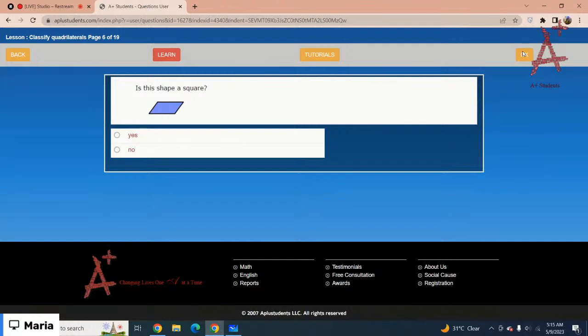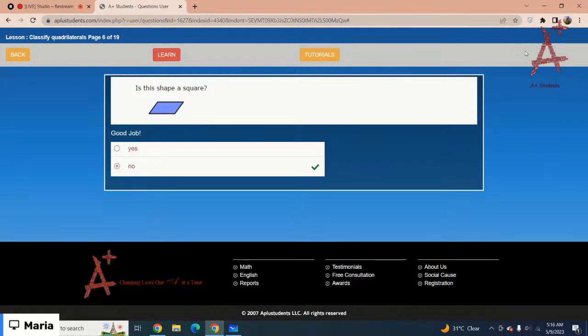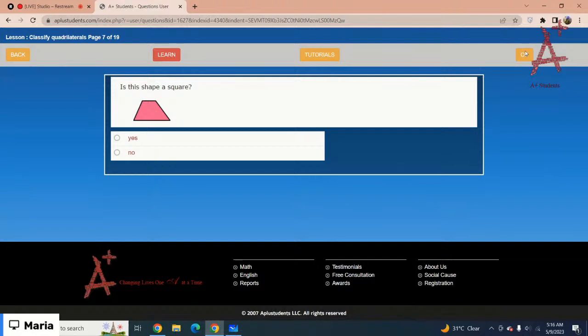Okay, is this shape a square? No, this isn't a square. It's a parallelogram. Is this shape a square? No, this is not a square.